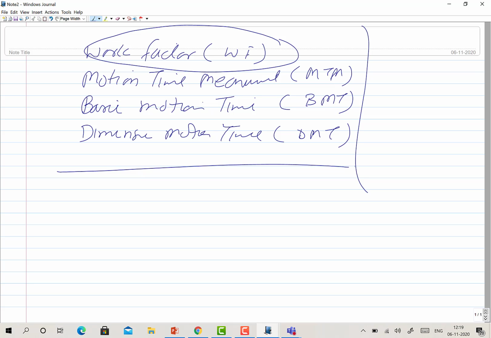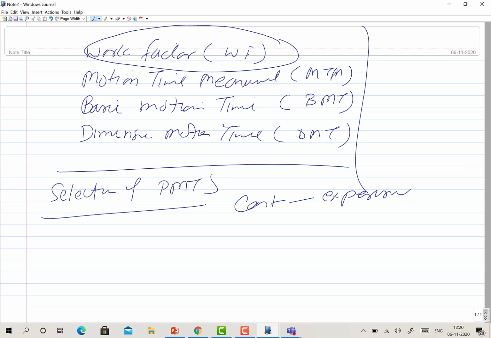Okay, so how to select a suitable PMTS system depends on certain factors, like cost. As I said, it needs expertise, so that is a costly affair, and it needs a lot of time in implementation of these PMTS methods.